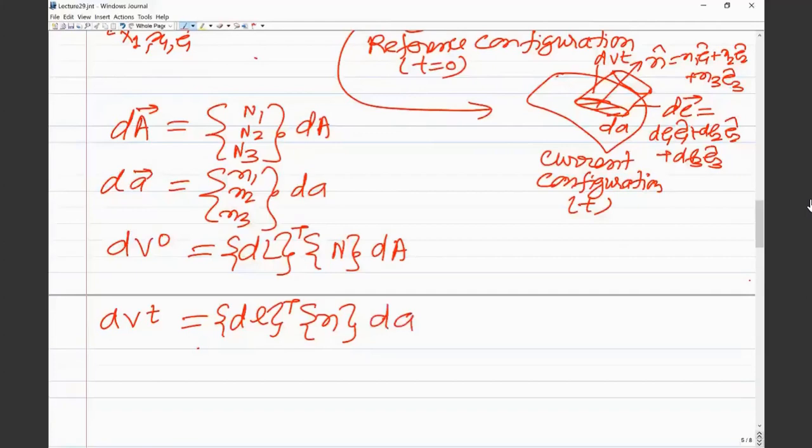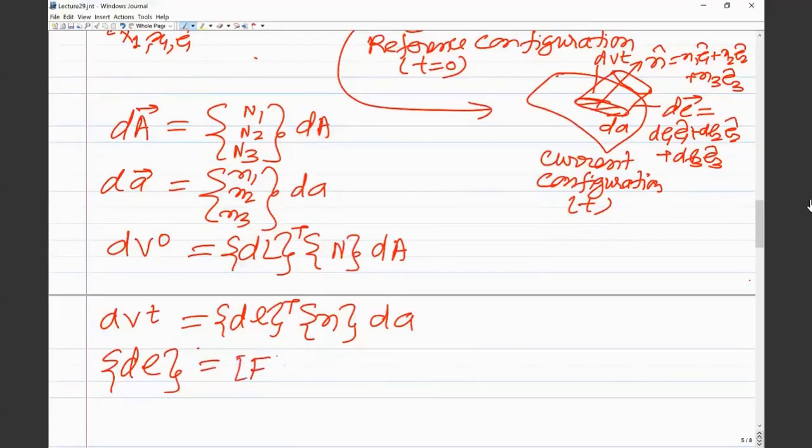Now the relationship between dl and capital dL: the components of dl are in the current configuration. The way we derived the relationship between dx1, dx2, dx3, this relationship is the same.